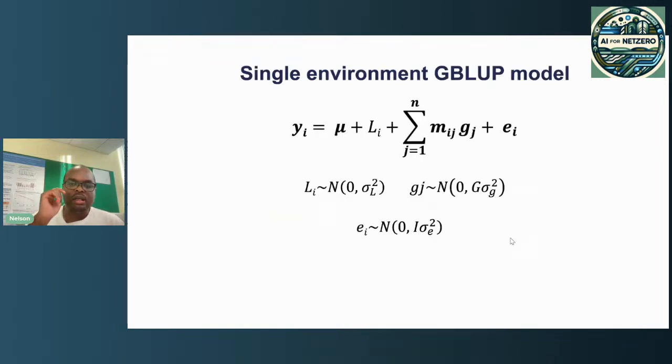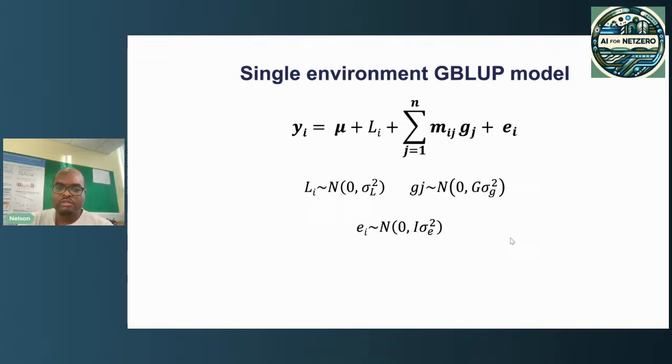So I thought of showing how a single environment works, because we are interested in predicting genotypes in a single environment, and later on we are interested in predicting genotypes in multi-environment. So for the single environment, this is the model that I described previously. What we are assuming is that the genotypes and the markers are normally distributed with zero mean and variance.